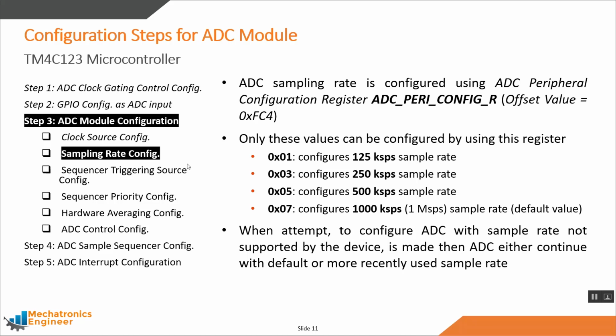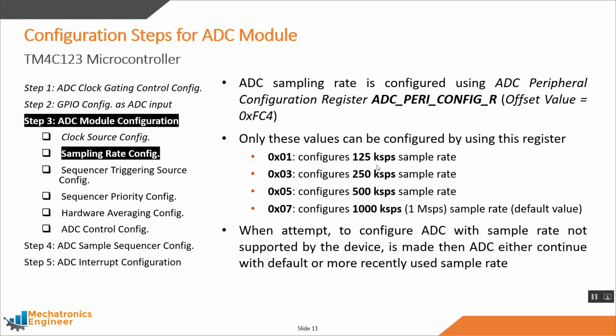Sampling rate configuration. The sampling rate is one of the most critical parameters associated with an ADC module. We can set the sampling rate by configuring the ADC peripheral configuration register that has an offset value of hex FC4. We can write only these 4 values to this register to get these 4 different sampling rates.